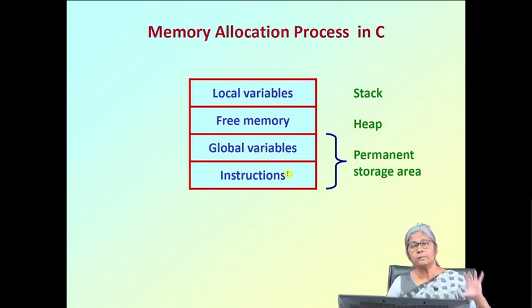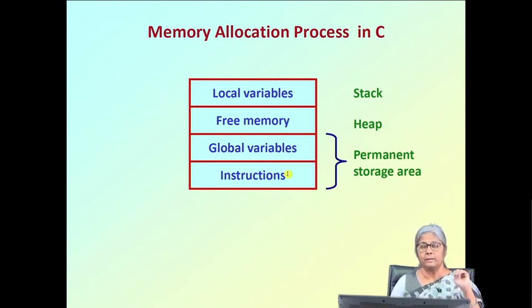Now, what about the global variables? If you remember, once a global variable is declared in the program, it can be accessed from any of the functions, because a C program is nothing but a combination of functions.